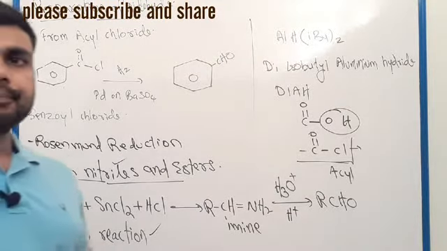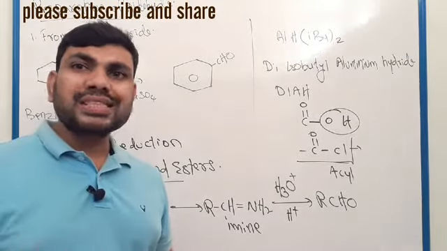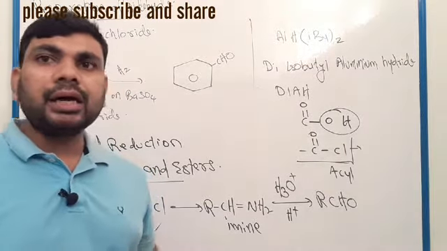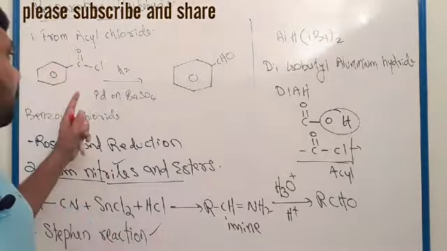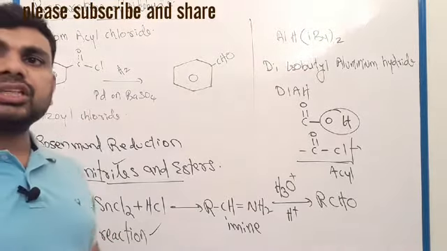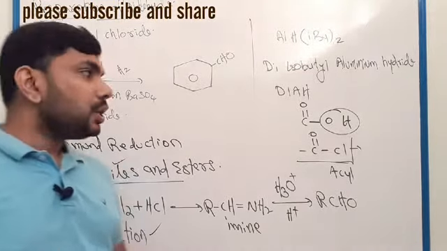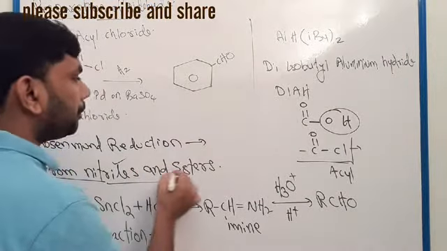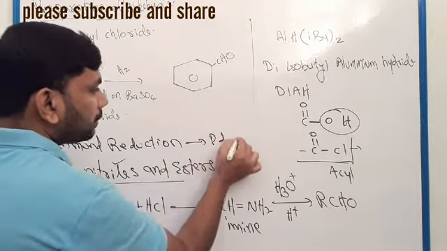The previous one, Rosenmund reduction, means benzoyl chloride after treating with palladium and barium sulfate will change to benzaldehyde. So you have to remember Rosenmund reduction, palladium and barium sulfate.